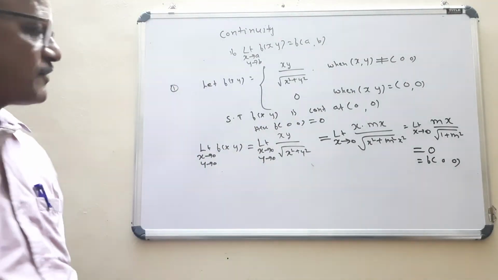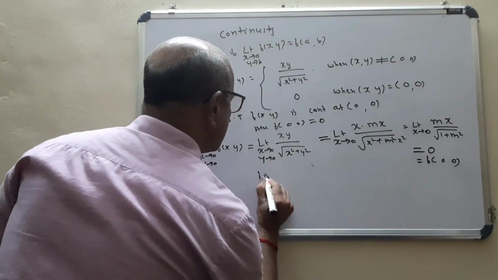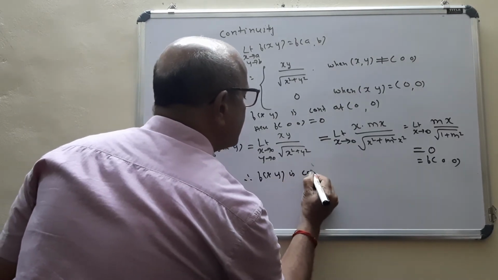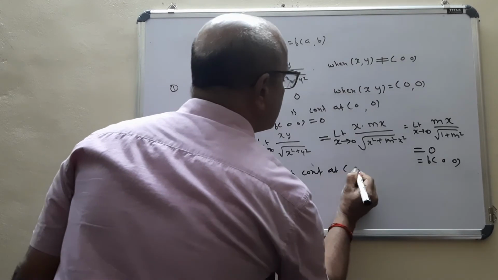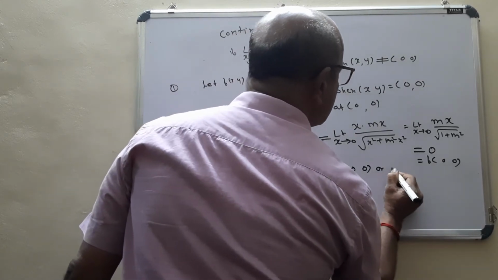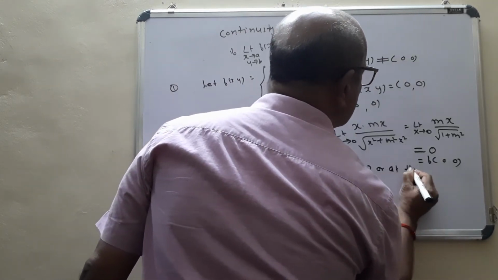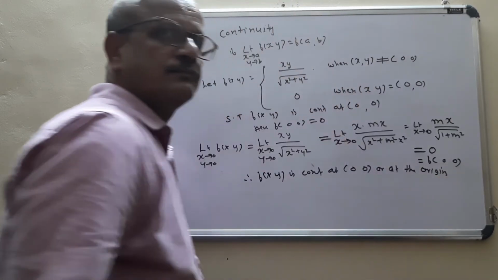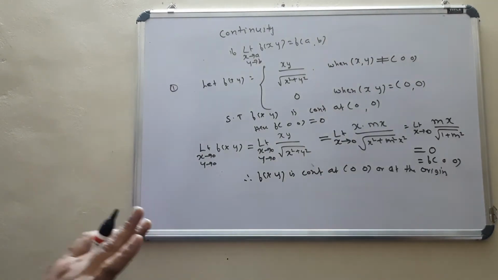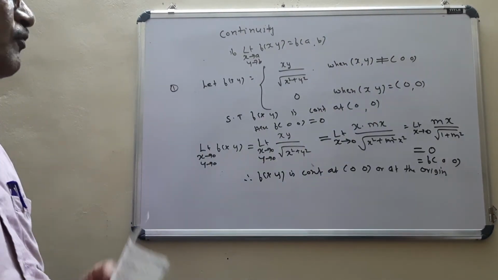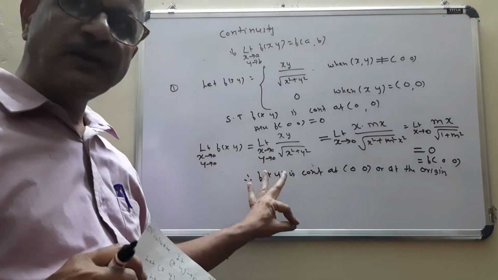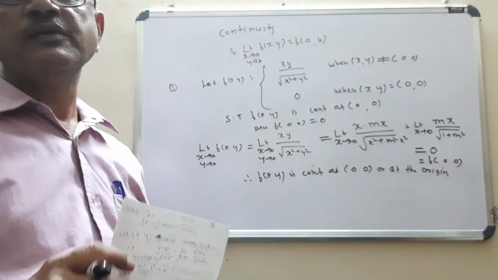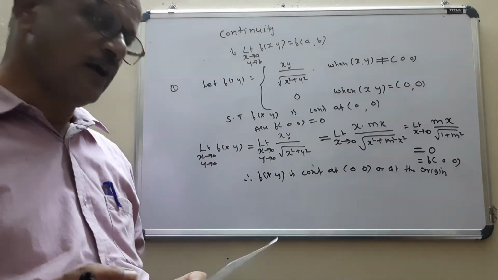Hence, from the definition of continuity, we say that f of xy is continuous at (0, 0), or you can say at the origin, because (0, 0) is nothing but the origin. I hope this is very clear. So first you have to evaluate the limit and try to equate it to the value of the function. If they are equal, then we say that the function is continuous at the origin.